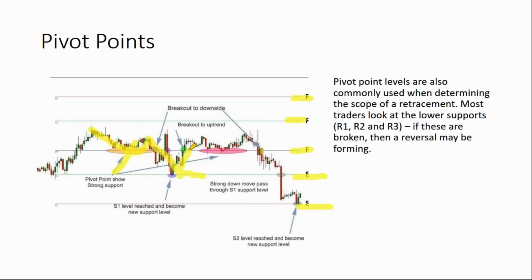Okay. Now, there are lots of complicated ways to use these, and support and resistance is crucial. But they're also very important in determining whether it's a reversal or whether it is a retracement.